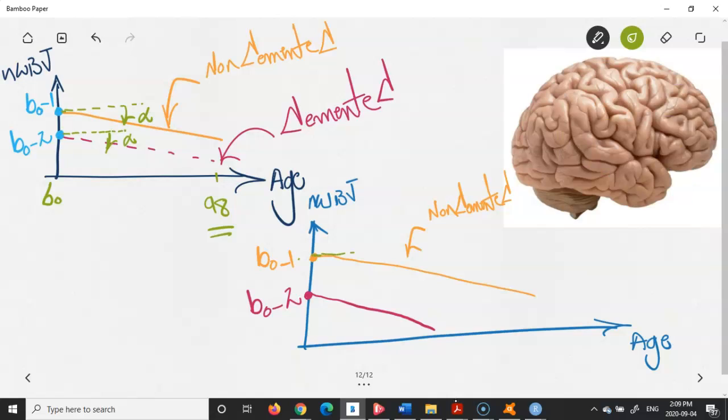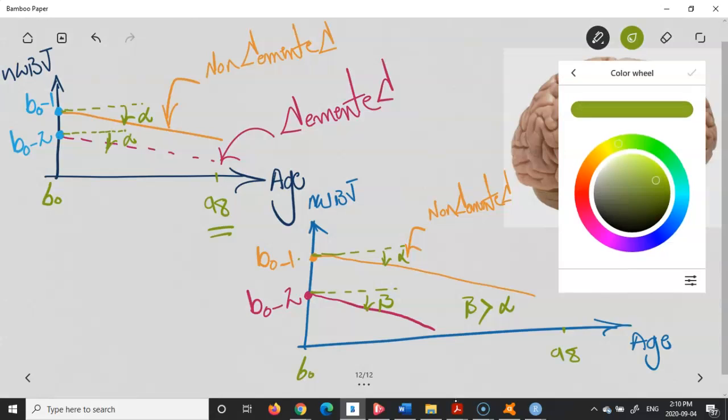If the angle here is alpha, the angle here is going to be beta, where beta is greater than alpha. This denotes that from the age of 60 to 98, the rate of change and the level of brain atrophy for demented patients is going to happen much faster compared to non-demented cases.